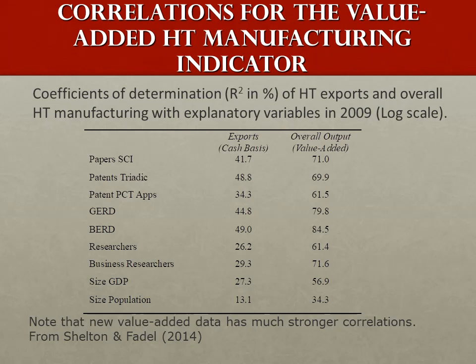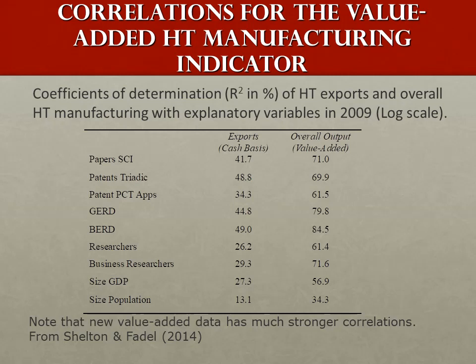Okay, so what's the difference between the two columns? Exports are measured on a cash basis. They're measured at the custom house at ports, and they just count the number of computers or whatever the products are that are being shipped from China to the United States.